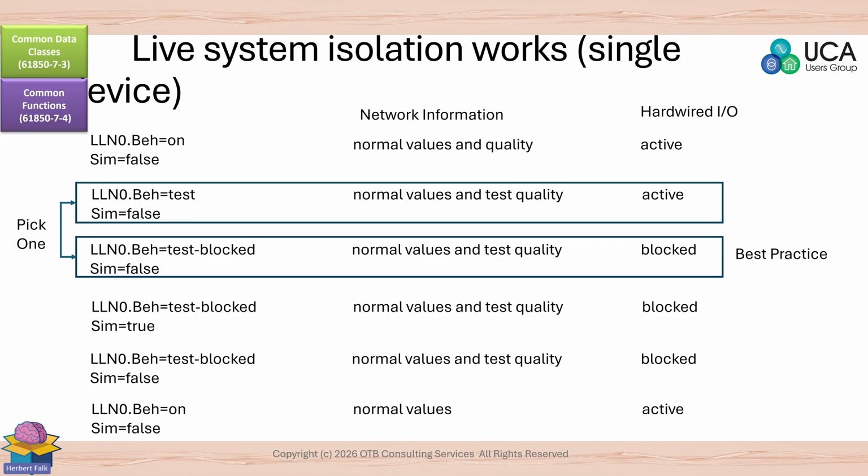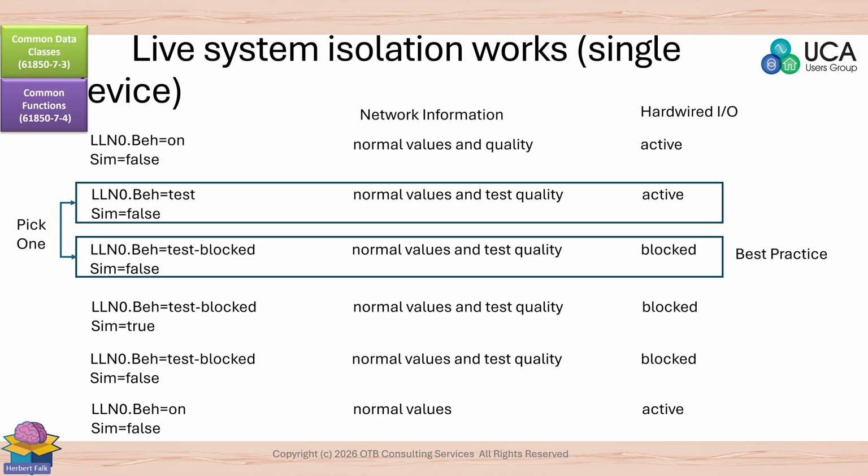Accepting of simulated data is still false. Then you take simulated to true, and now you start receiving simulated data, testing your device. But since the outputs are blocked, you've basically removed those jumpers. To unwind it, you take simulated to false and then put it back into normal operation.